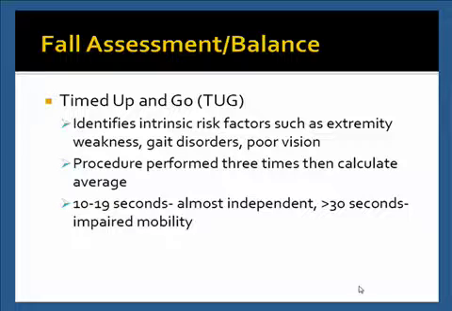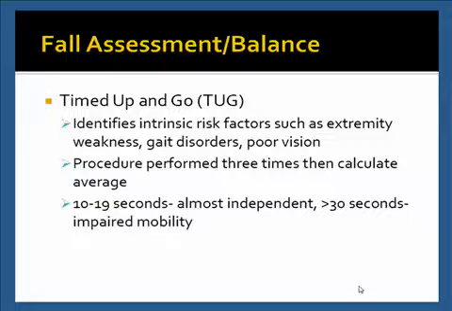There are 5 tests that we can use to assess one's balance. We don't use them all. The first is the timed up and go, or the TUG test. Second is the Tinetti assessment tool. Third, Berg balance scale. Fourth, the Romberg test. And number 5 would be the functional reach.